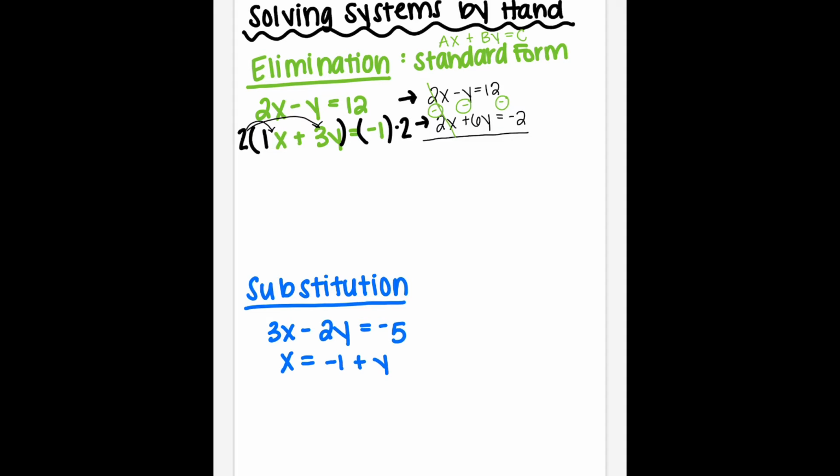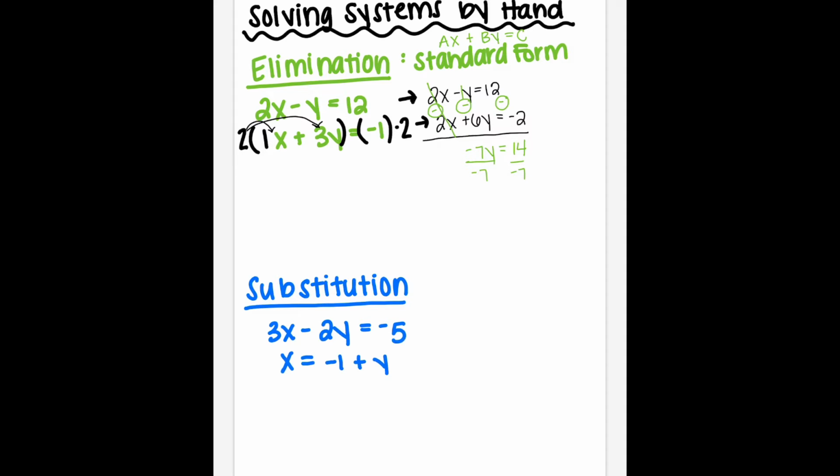Now I'm subtracting straight down. So 2 minus 2 is 0. Then I have -1y minus positive 6y, which is -7y. Bring down the equal sign, and then we have 12 minus -2. Since I have minus a negative, the operation is addition, and that is positive 14.